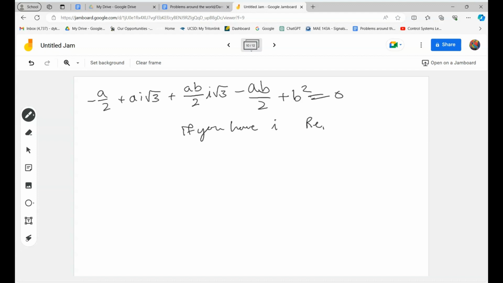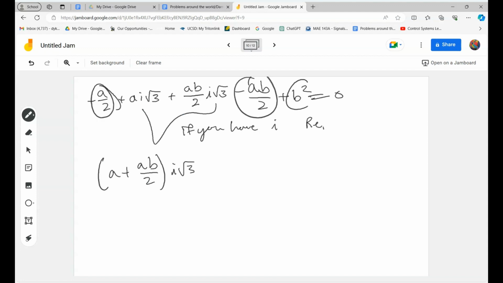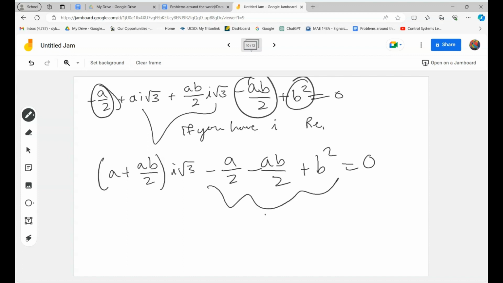So what we know over here is that these two parentheses, i square root of 3, and then this, which is minus a divided by 2 minus ab divided by 2 plus b squared. Since this is the real portion, this cannot cancel the i because that's an imaginary space.